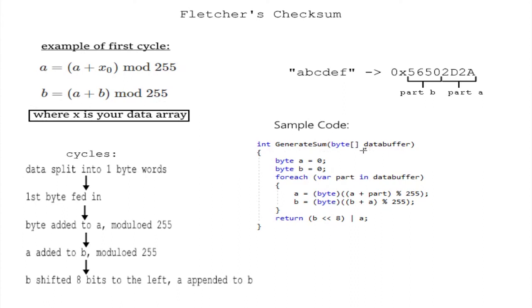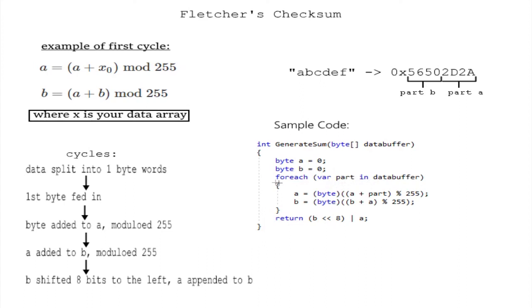And our code. So A, B, blah, blah, blah. We have our loop here where everything happens. So as I just stated, A equals itself plus the part of the data buffer is what I coded this to be.